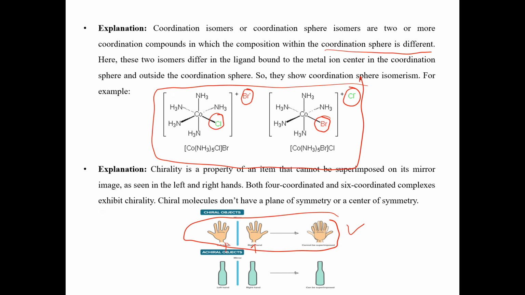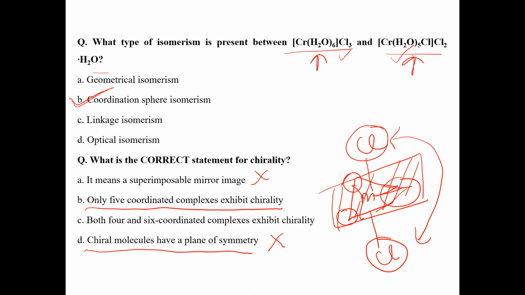Yeah. So for chirality, I have indicated there should be a non-superimposable mirror image. It should not have any plane of symmetry. What is the correct statement for chirality? It should be a non-superimposable mirror image.